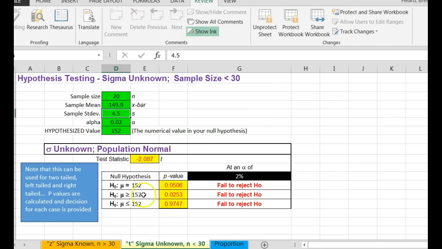Now, on this one, since my alternative was greater than 152, my null is less than or equal to 152, so my p-value is 0.9747. I fail to reject.